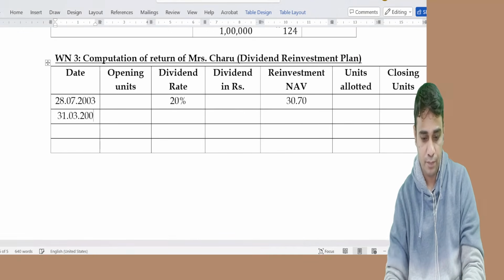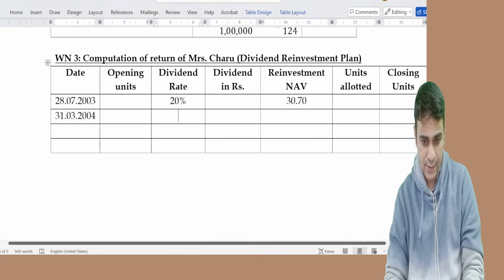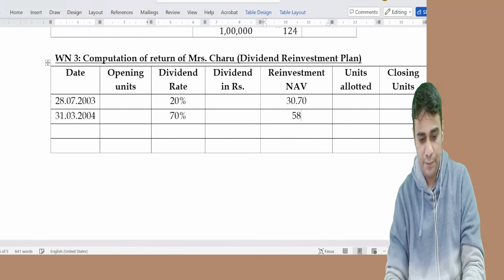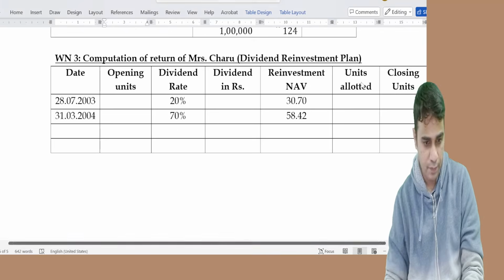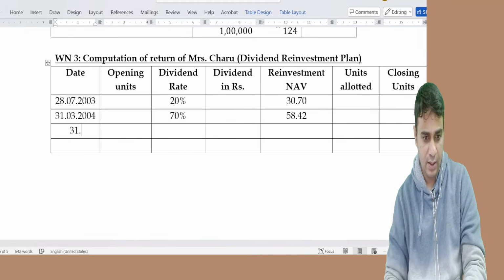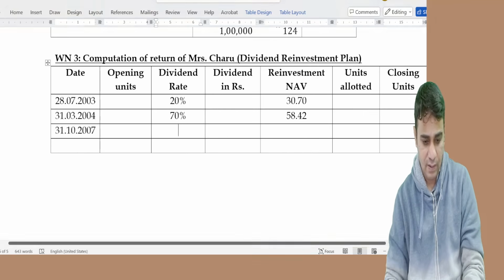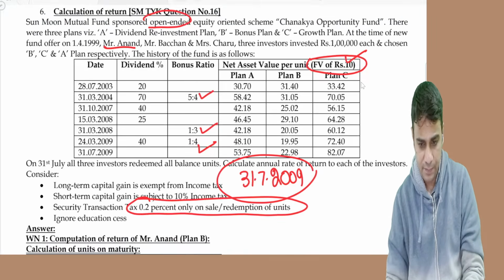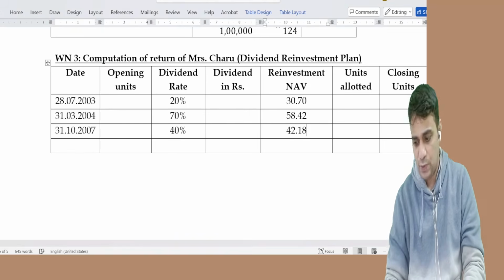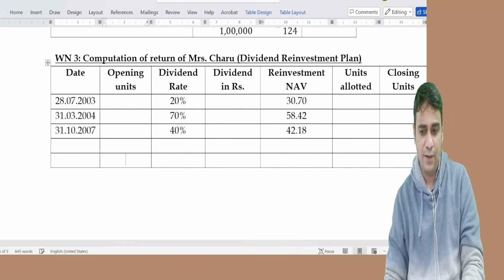Then 31/3/2004, 70%, 58.42. Then 31/10/2007, 40 percent, 42.18. Copy the 5 dividends which are declared.